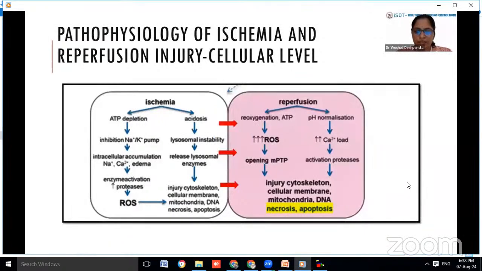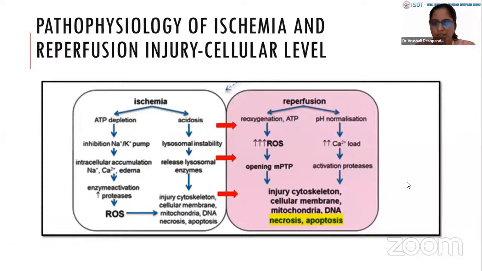When the pH decreases, there is an acidotic environment at the cellular level. The lysosomal membranes become unstable. There is release of various lysosomal enzymes, and these enzymes are harmful for the cell itself. They cause injury to the cytoskeleton, cellular membrane, the mitochondria, and the cell is subjected to necrosis and apoptosis. So all these things are happening because of ischemic insult and decrease in oxygen supply to the organ.